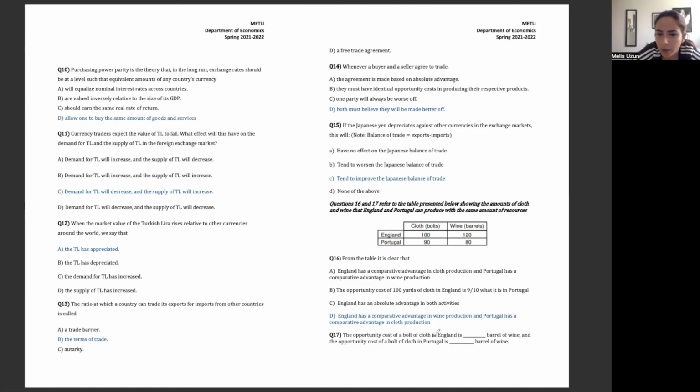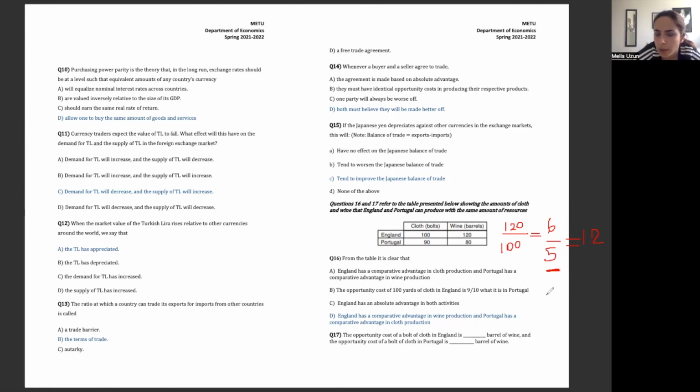The opportunity cost of a bolt of cloth is 120 divided by 100, which is 1.2 as I got for question 16, but the options wrote 6 divided by 5, which is equal to it.